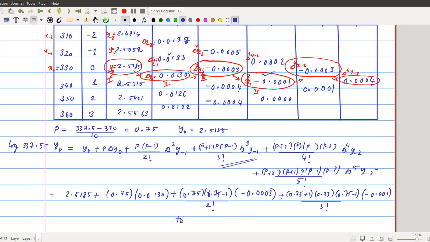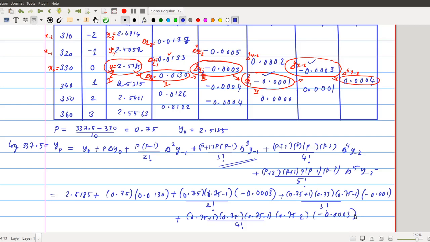Then the fifth term is this number into 0.75 plus 1, 0.75, 0.75 minus 1, 0.75 minus 2 divided by 4 factorial into delta raised to 4 y minus 2, that is minus 0.0003.